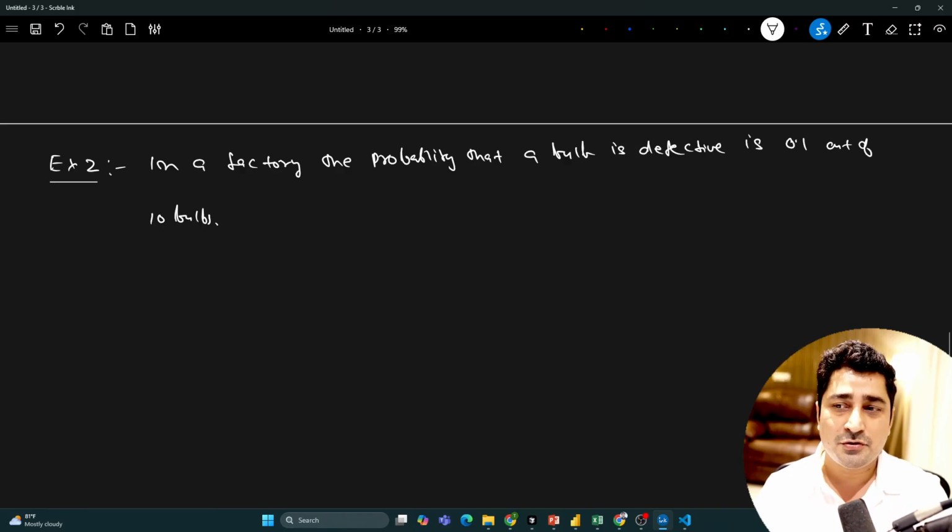So independently I'm going to check 10 bulbs, and there is a probability of 0.1 that out of 10 bulbs, one is going to be a defective one. So what is the probability that exactly 3 are defective?